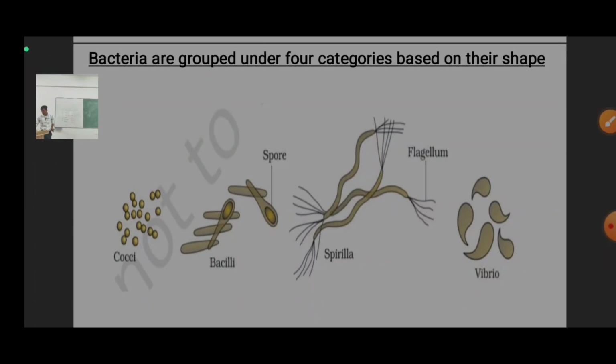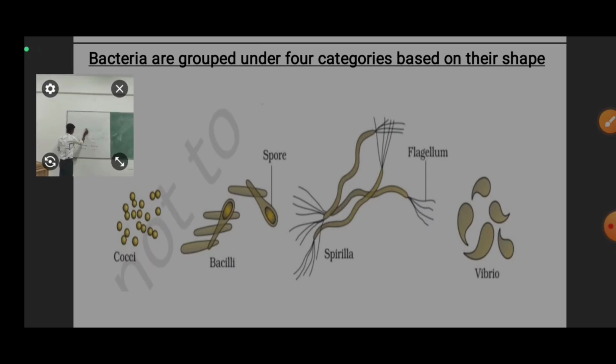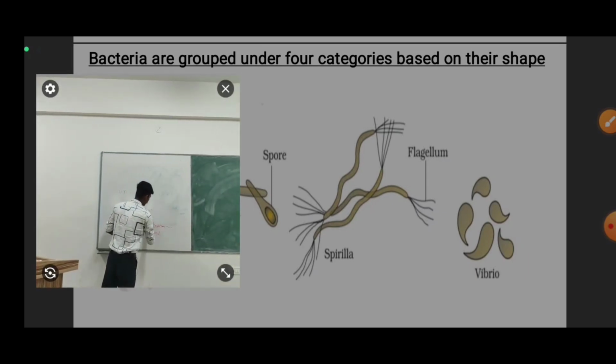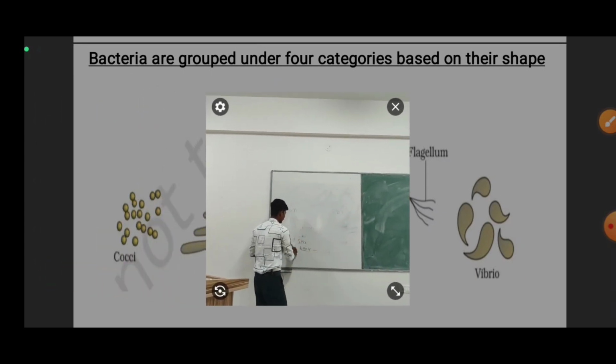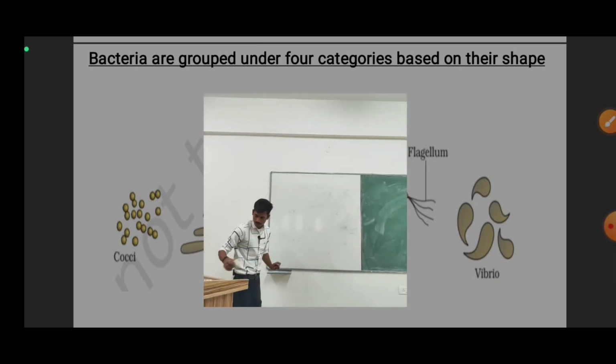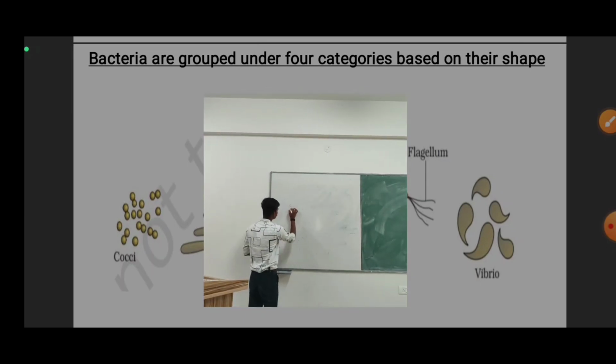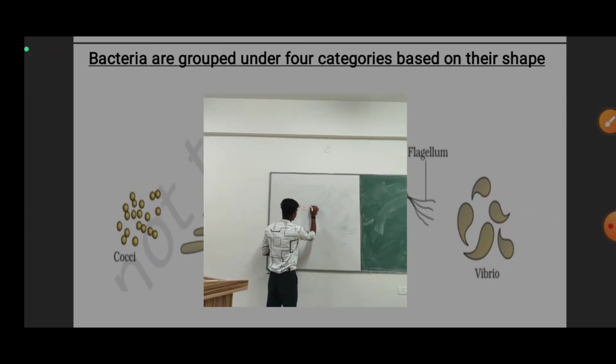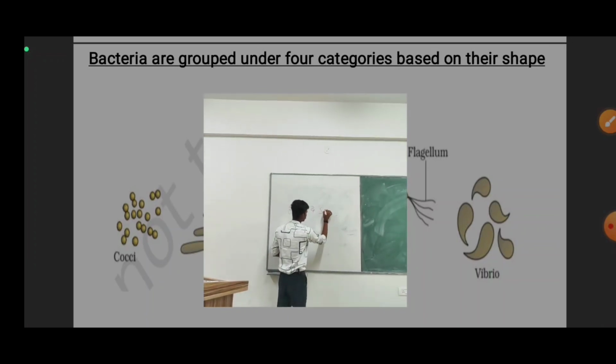Now we have spore and sporulation. Okay, so first I will describe it and then I will read the slides. So we have two things. The first is spore and sporulation.